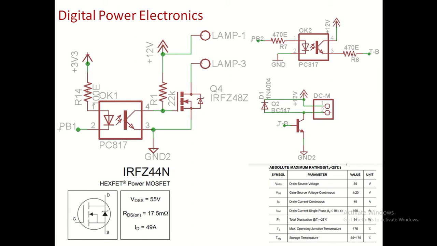So this is called digital power electronics. Why it is called digital power electronics is because the power delivered to this heating element and the power delivered to this motor is digitally controlled by a microcontroller.